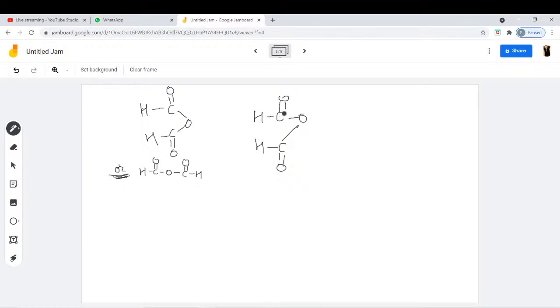These acids are formic acids, so its name will be formic anhydride, because it is made from formic acids.